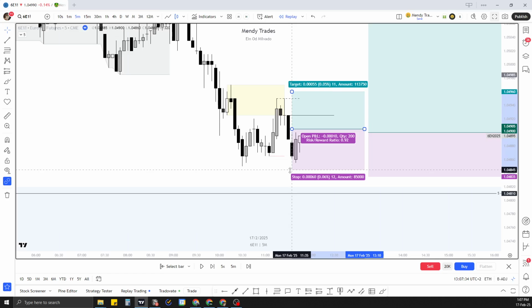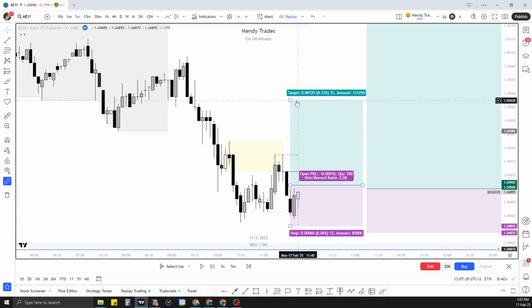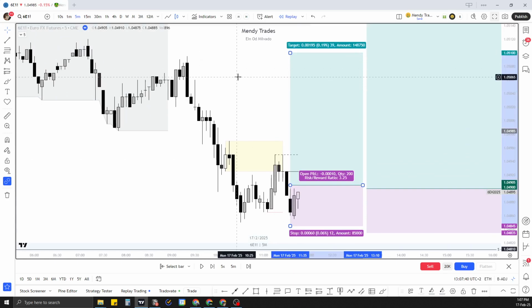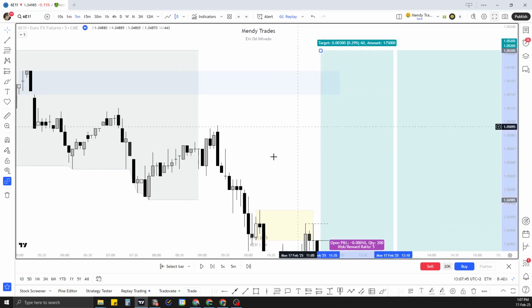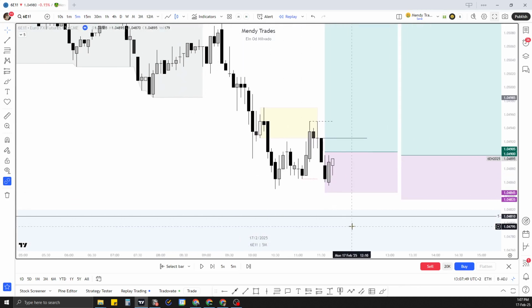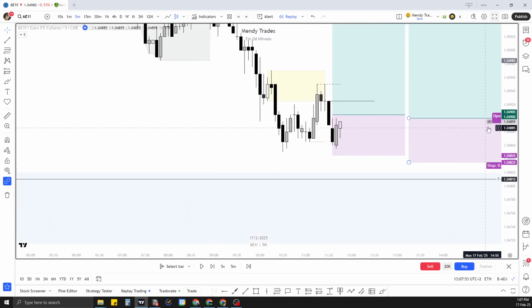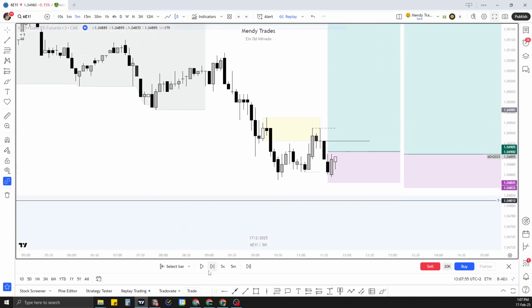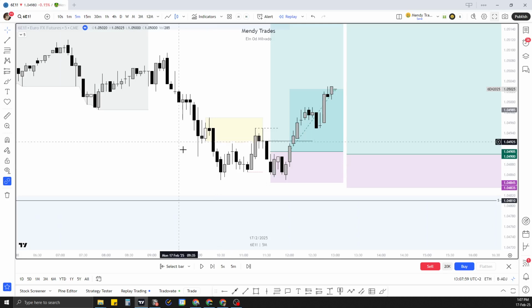You want to cover at least this low, and then you target a fixed R or maybe the Asian high. But I didn't take this because I wanted a POI mitigation that we didn't have. And yeah, that's the LC2A.